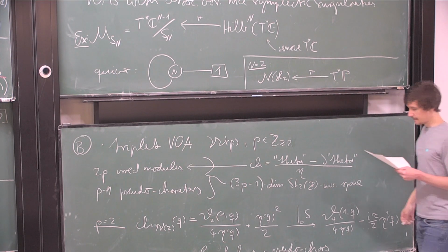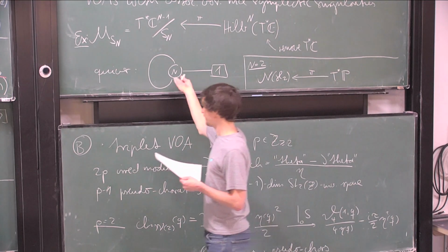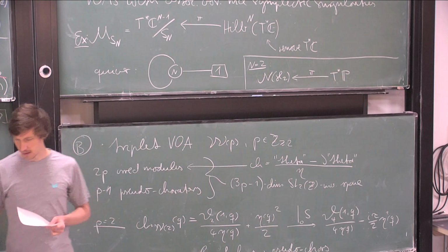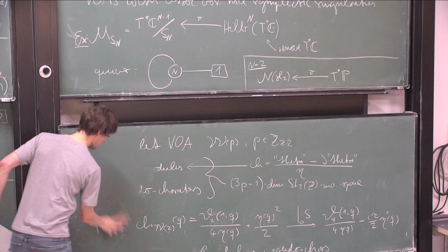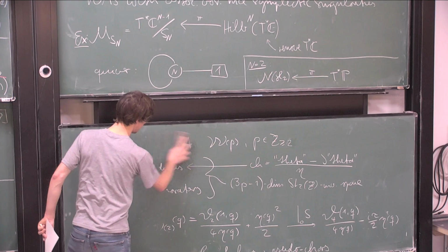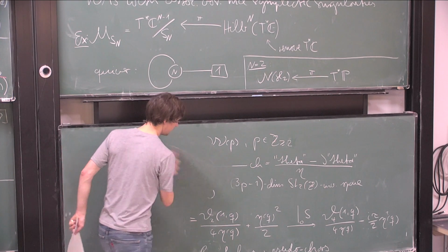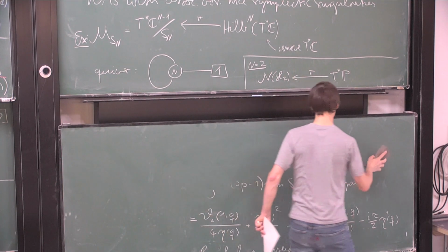Right. Okay, and as I said, the motivation to study such VOAs comes from mathematical physics, to try to understand higher dimensional conformal field theories, superconformal field theories, which are not mathematically axiomatized.